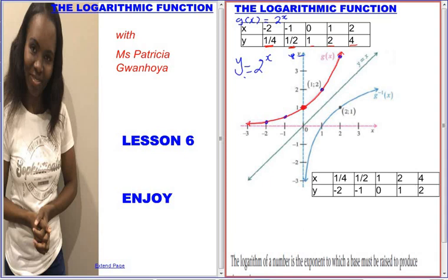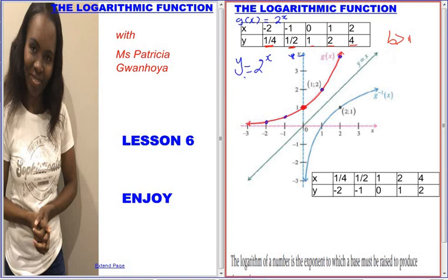Those are the things you want to keep in mind about the exponential function. And don't forget, the x-axis happens to be the asymptote of that function. Remember, we talked about when the base is greater than 1. At this point, the base is 2.